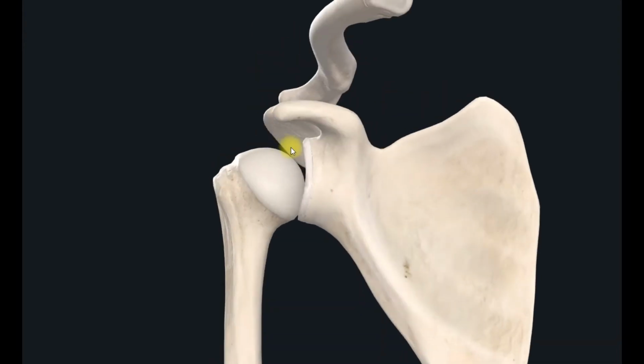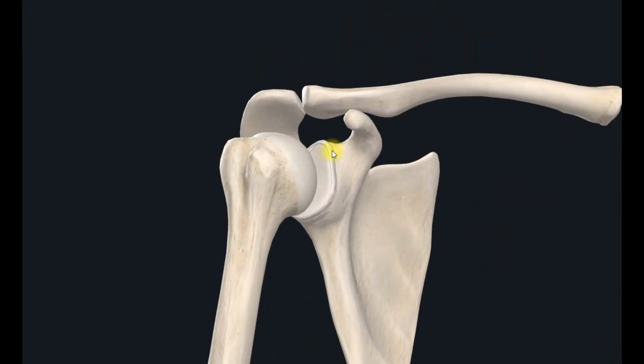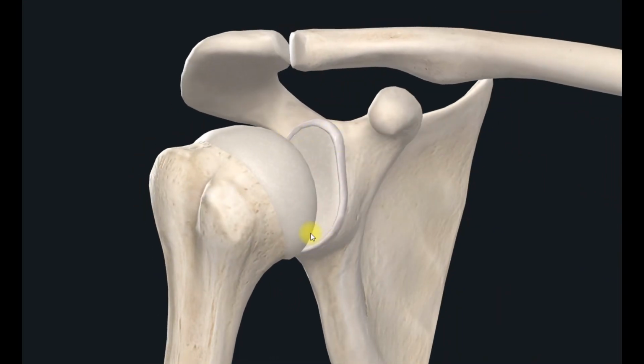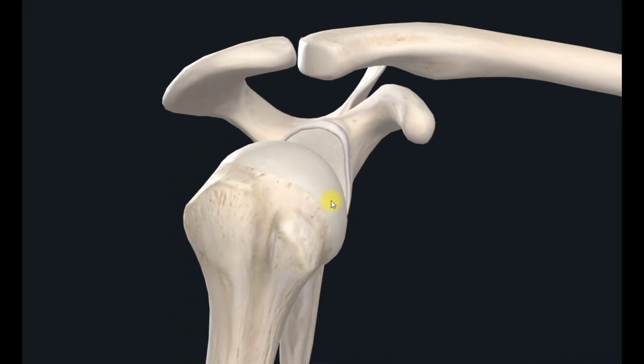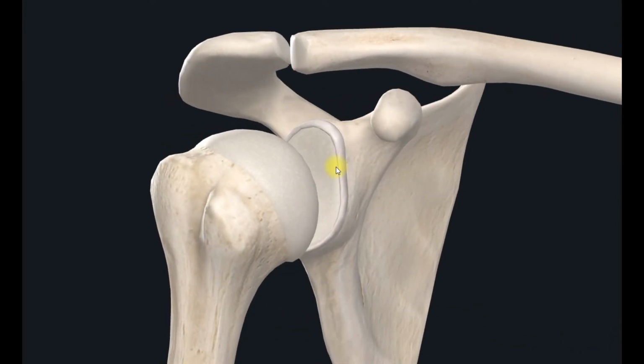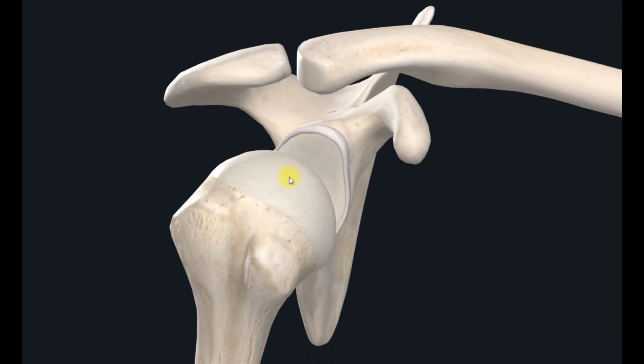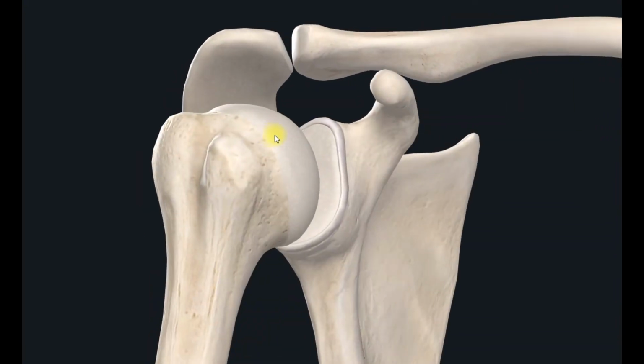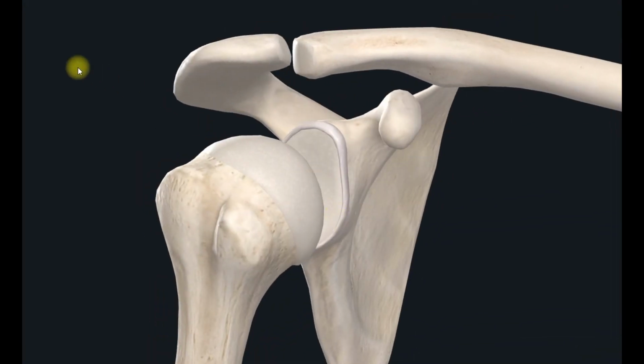Glenoidal labrum, as the name suggests, forms a lip around the shallow glenoidal fossa or glenoidal cavity. The glenoidal labrum forms a rim around the glenoidal fossa, thus deepening the cavity, forming a socket for the head of the humerus. Therefore, it may assist in stabilizing the humeral head as it sits in the glenoidal fossa.